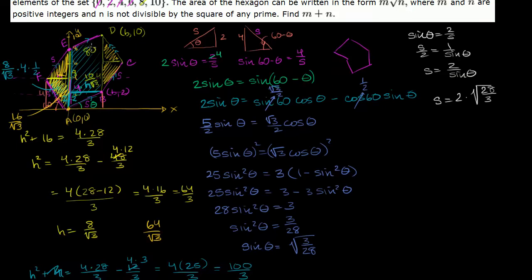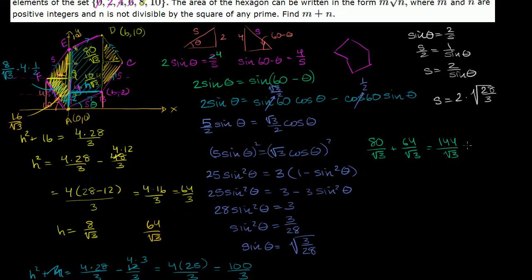It's 80 over the square root of 3. So our entire area, if we add everything together, we have 80 over the square root of 3 for the parallelogram, plus 64 over the square root of 3 for the 4 triangles. And this is equal to 144 over the square root of 3.